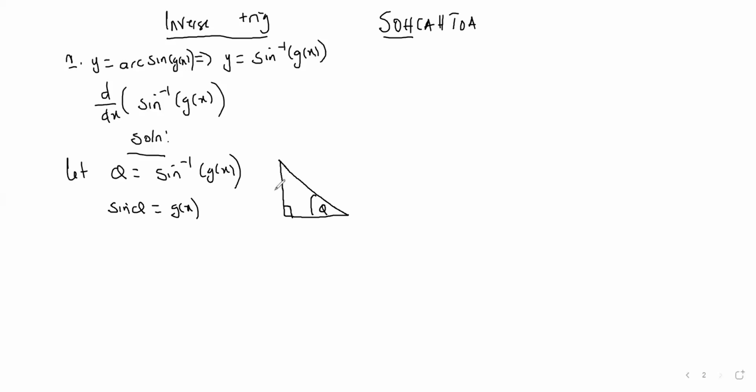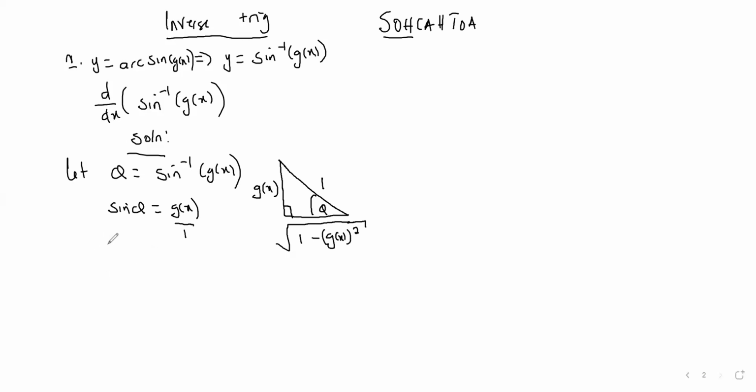So opposite is g(x), and the hypotenuse is 1. Then the adjacent is going to be the square root of 1 minus g squared.